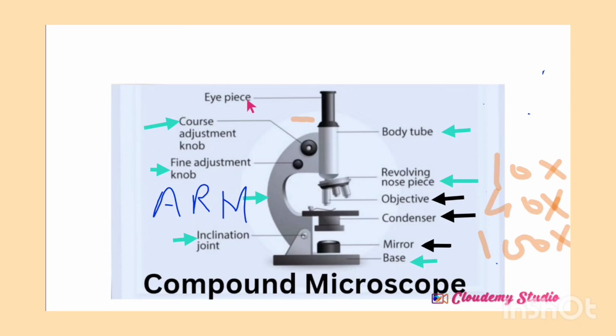So this eyepiece, it is present at the end of the microscope or at the head of the microscope and it is used to observe the object and the final image of the specimen.